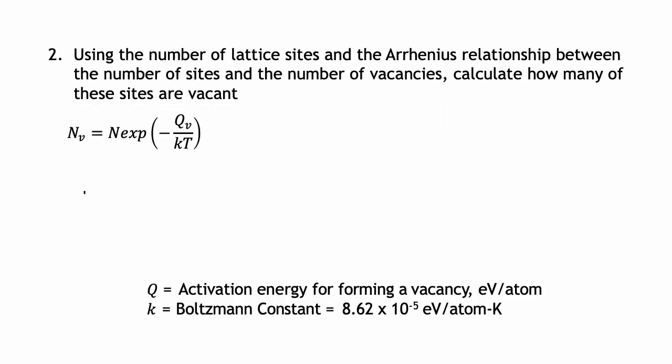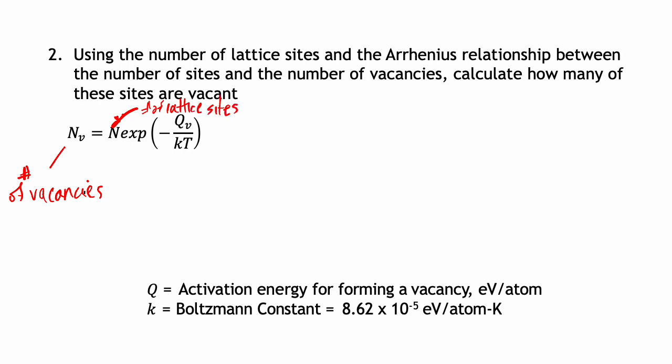Once we have that number, the number of vacancies is a fraction of that, and we use what's called an Arrhenius function to calculate it. N sub v is the number of vacancies. That's what we're trying to get. And N is what I just calculated, the number of lattice sites.